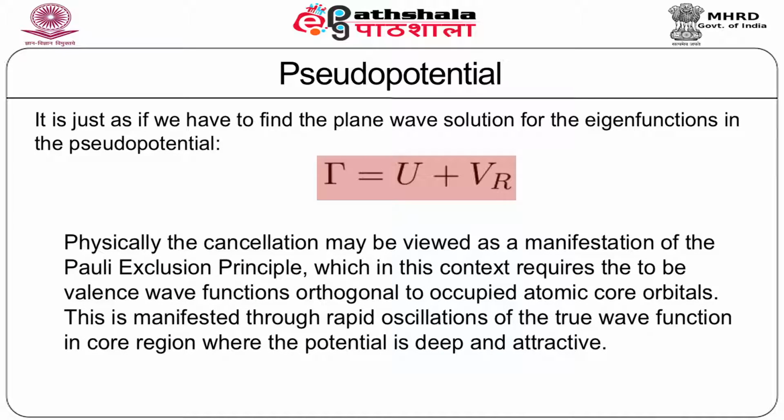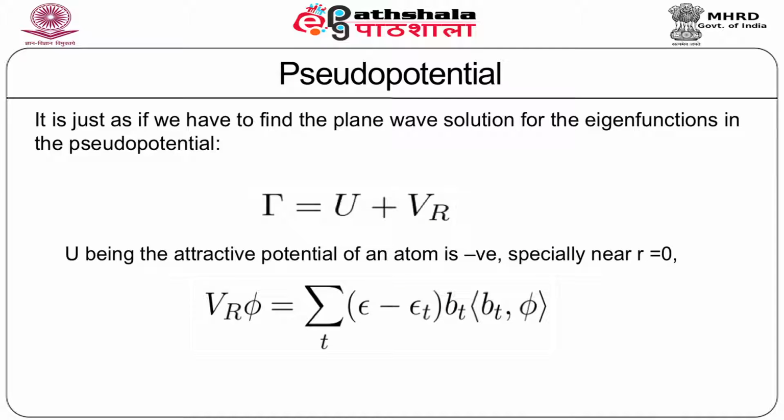Physically, the cancellation may be viewed as the manifestation of the Pauli exclusion principle, which in this context requires the valence wave functions to be orthogonal to the occupied atomic core orbitals. This is manifested through rapid oscillations of the true wave function in the core region, as is shown in the figure, where the potential is deep and attractive.